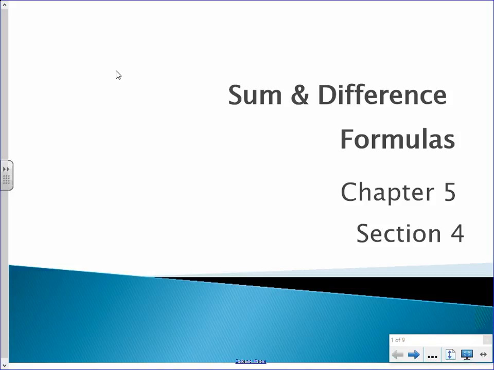The black line is the inside fold. Okay, so if you need to fold it and then fold it the other way, do what you got to do. That way you see the words sum and difference formulas, and then you see the three sum and difference formulas.